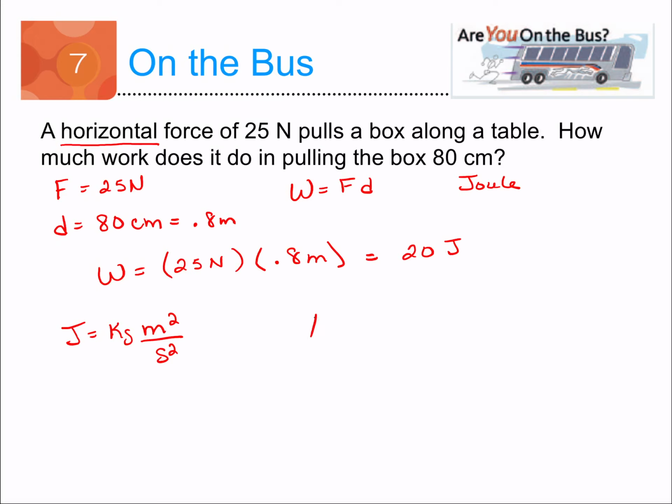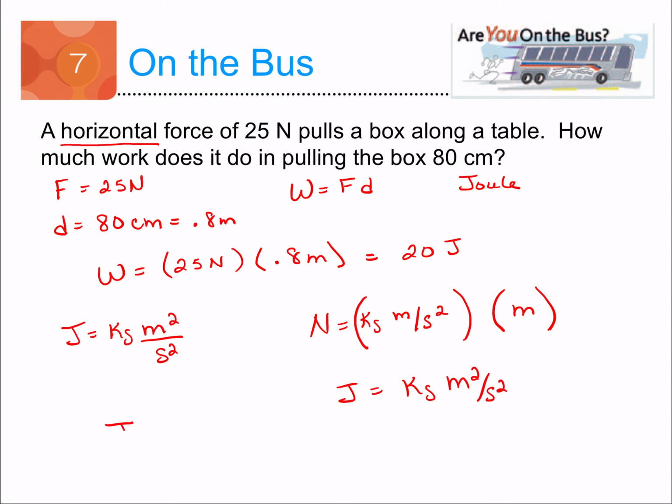Well, if you remember, a newton equals a kilogram meter per second squared, times a meter, which will give you a joule equal to a kilogram meter squared per second squared. So you can see a joule equals a newton times a meter, or you can write it as a kilogram meter squared per second squared.